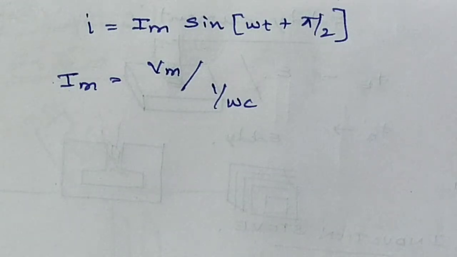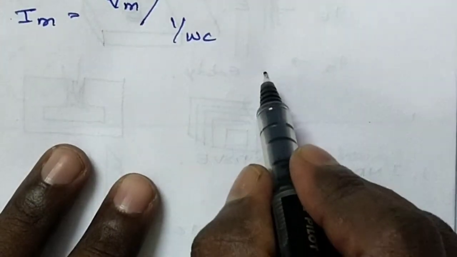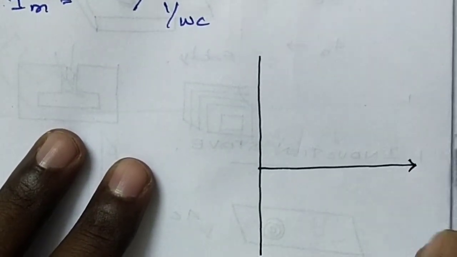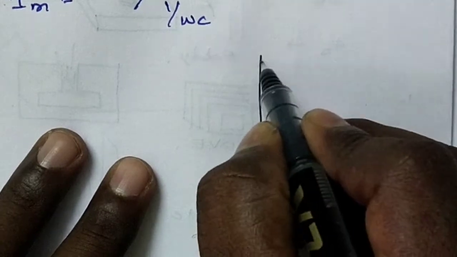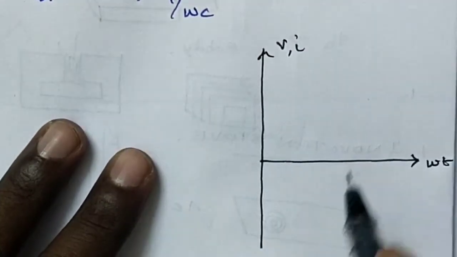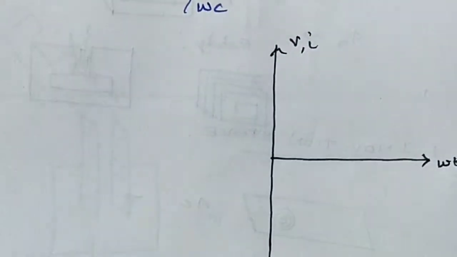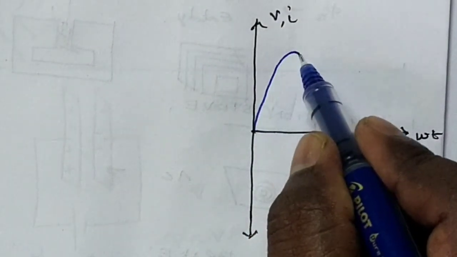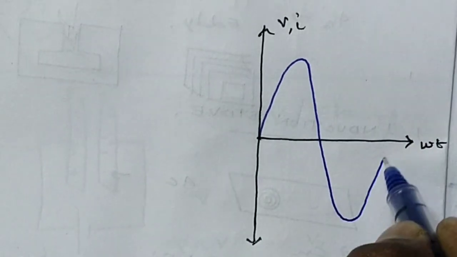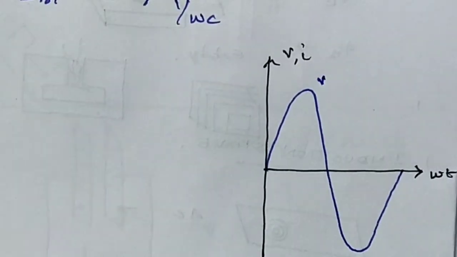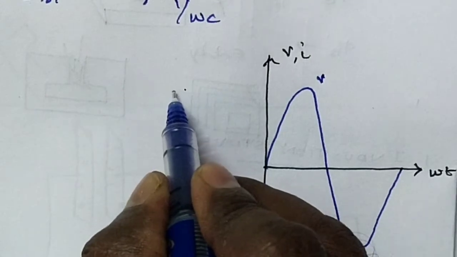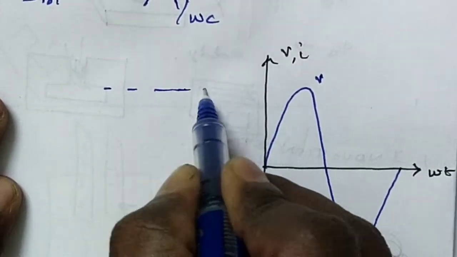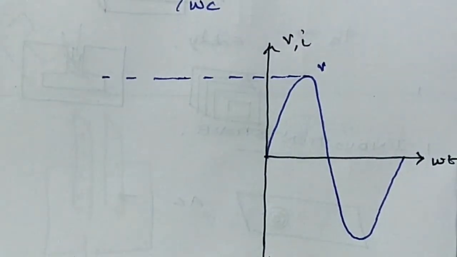Now we draw the phasor diagram. We already know the current leads the voltage by pi by 2. So we draw the voltage phasor, which is the peak value, and the current leads it by pi by 2. Here is the angle pi by 2, and this is the current.